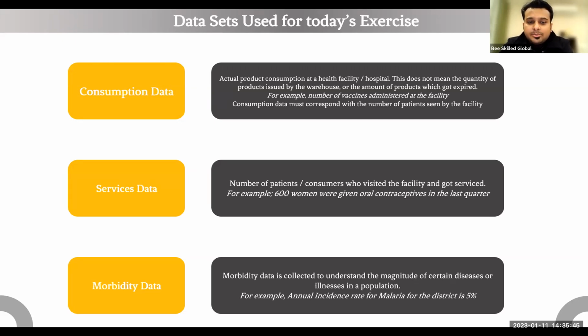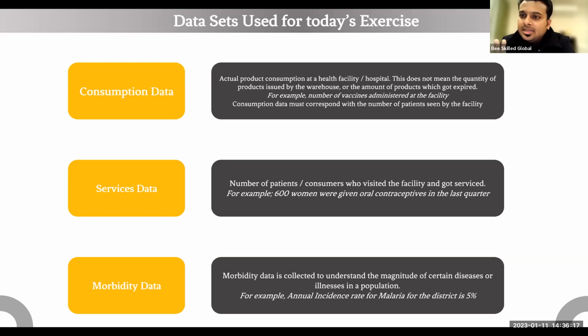For example, on morbidity, if you know the annual incidence rate of a particular disease, let's say malaria, is 5% for a district, you can take the assumption that if the population at risk for malaria in that district is 100, then 5% of that population, 5 people, will eventually contract malaria.